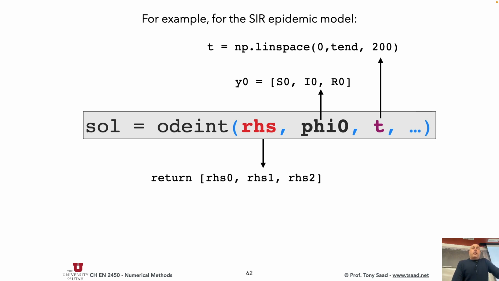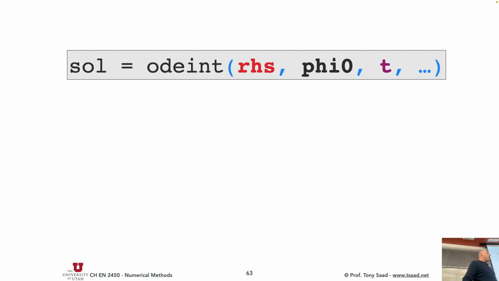When we were doing a single ODE, the return value of ODEint was simply a sequence of values for the dependent variable at the different times. So we're solving for phi, and the solution contained phi at t0, phi at t1, phi at t2, phi at t3. Now you're solving phi 0, phi 1, phi 2, phi 3, many phis at all of those different times.